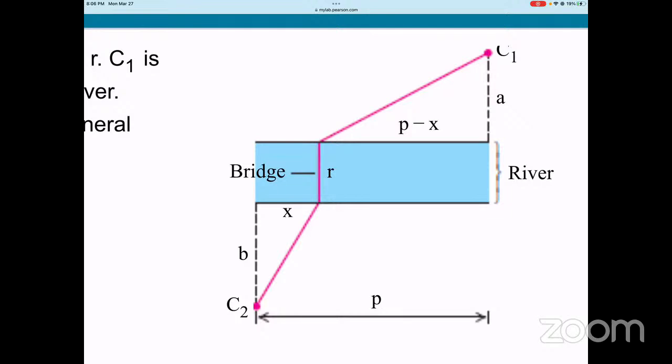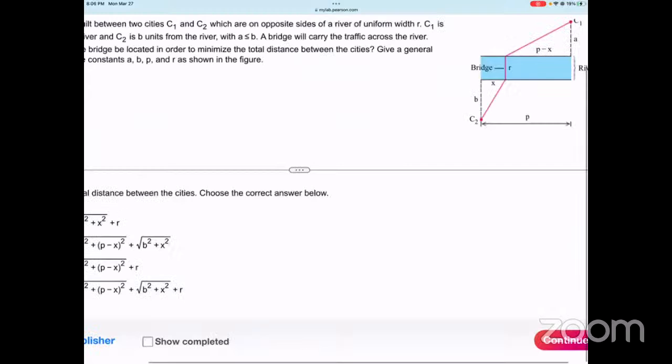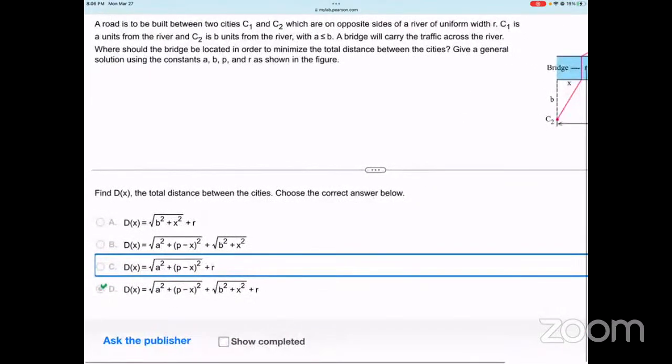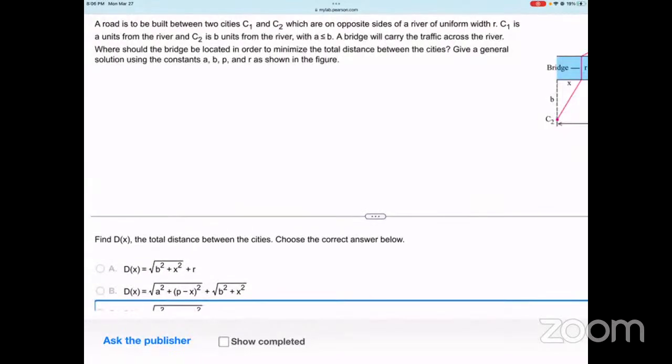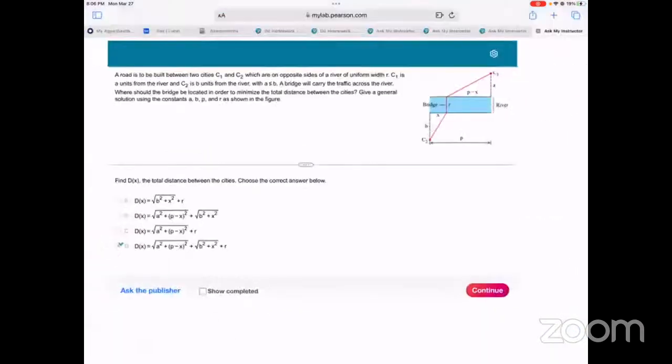So for the distance from city 1 to the water, we're going to use the Pythagorean theorem: A squared plus B squared equals C squared. So the hypotenuse is going to be (P minus X) squared plus A squared, and you take the square root of the whole thing. You can see that captured in the first part of D. Then it needs to capture the distance across the bridge, which is just R. So in D, you see a lone R there.